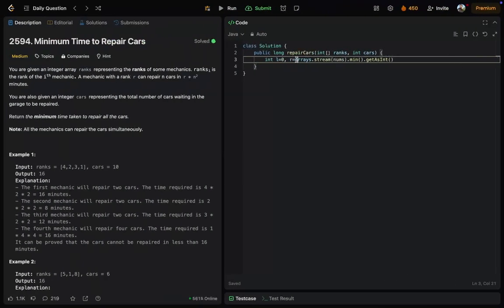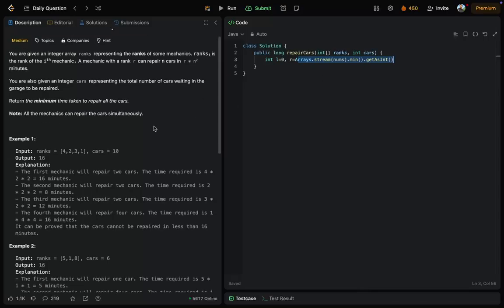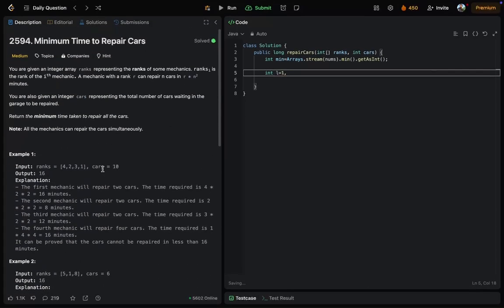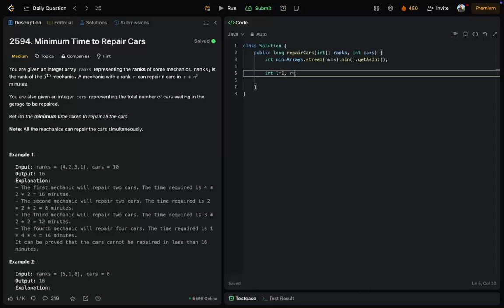Okay, so using this I can find my minimum value. So this is the minimum, right? So what is the lowest time? Lowest time is 1. It will take 1 time, so I am accessing for 1 only. Then what is the maximum time that it will be taken?